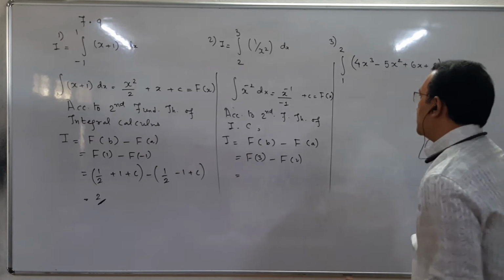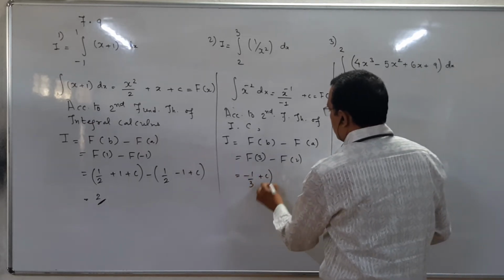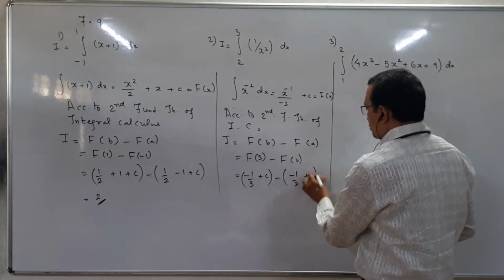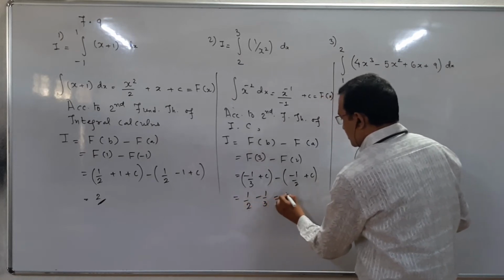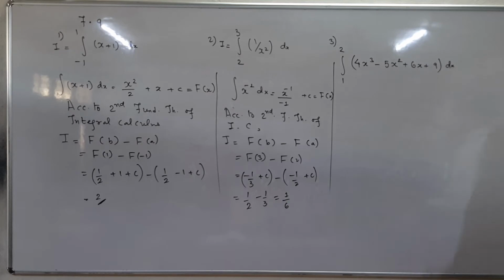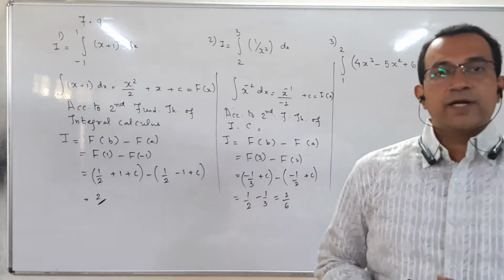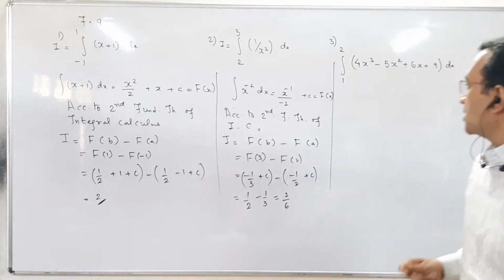F of 3 will be minus 1 by 3 plus c, and f of 2 will be minus 1 by 2 plus c. So the answer will be half minus 1/3, so 1 by 6. This is how, students, we have applied the fundamental theorem of integral calculus.